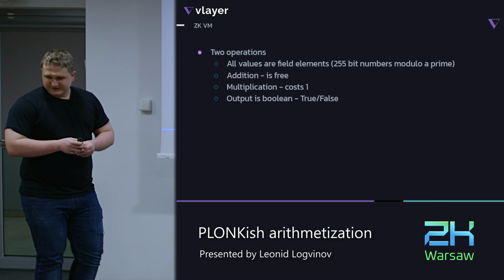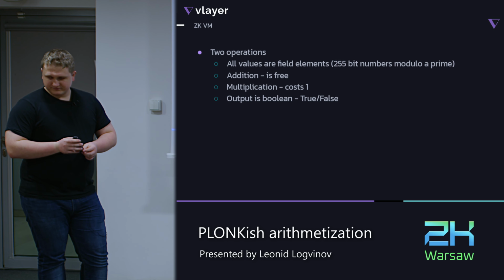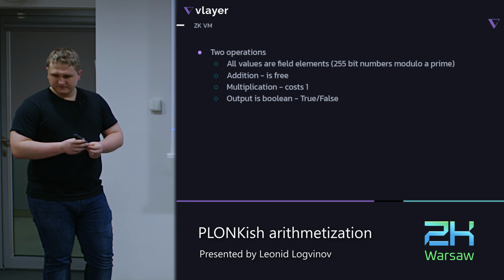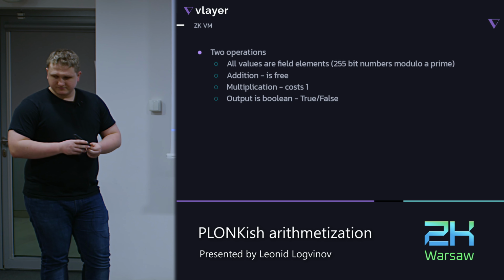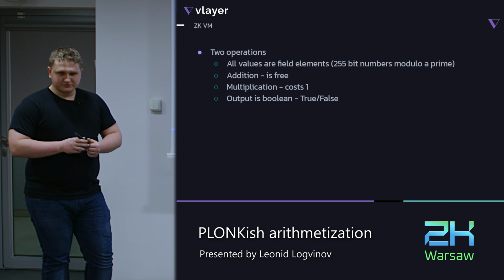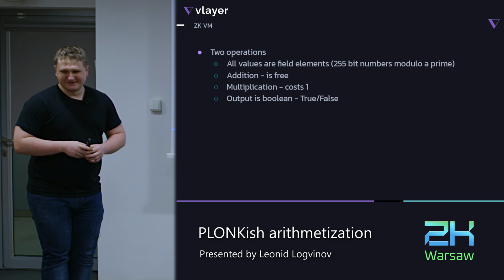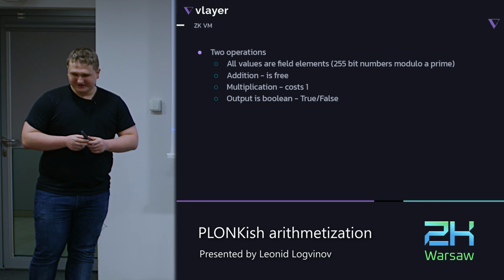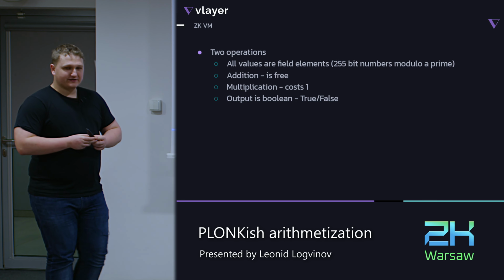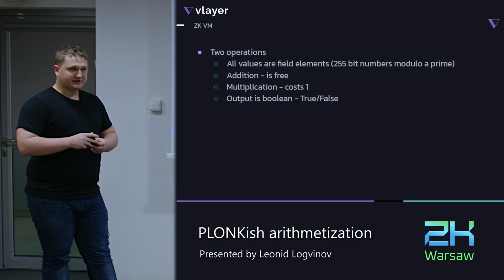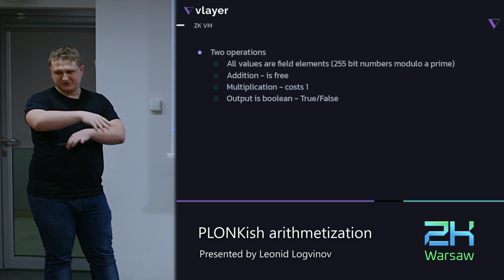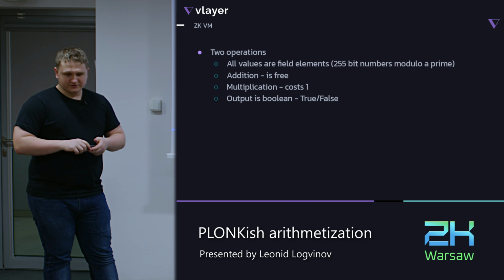Yes? So this is one specific proof system or arithmetization technique you referred to, right? Because addition doesn't need to be free. Yeah, this is true. This is the first simplification. Addition doesn't need to be free. In other proof systems, it's different. I'm talking in general to give an understanding that addition in general is cheaper than multiplication. In PLONK, it's not like that.